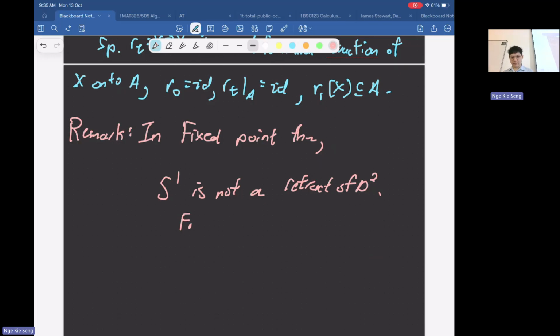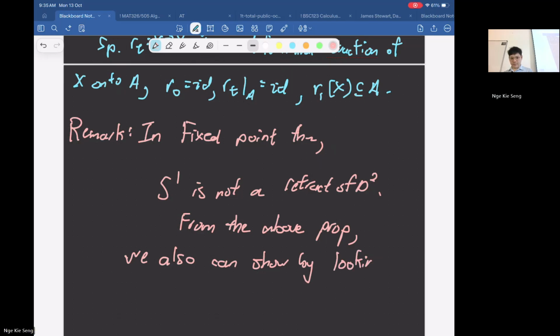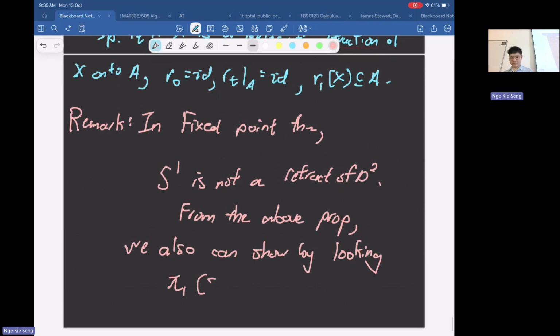And from the above proposition, we can also show it by looking at this inclusion-induced map, which is Z to 0. So it cannot be injective. There's no injection from Z to 0. This map must be a zero map. This is how you show the last question in your assignment 1.